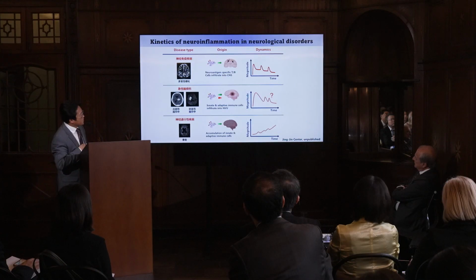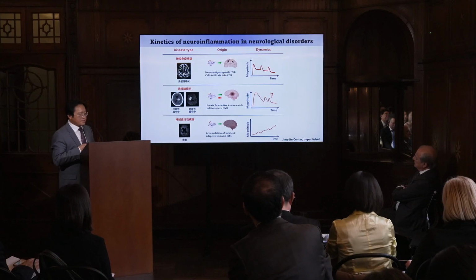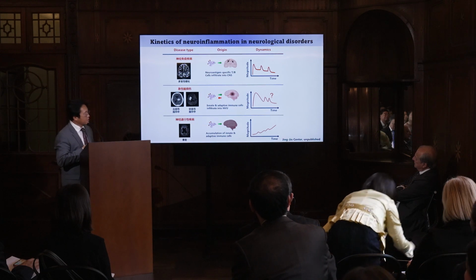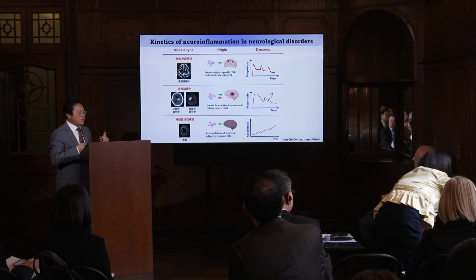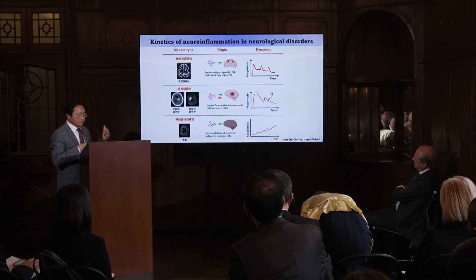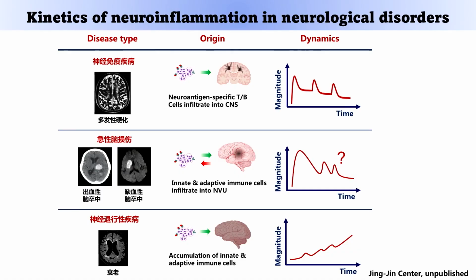On the other hand, in case of a stroke, either ischemic or hemorrhagic, or traumatic brain injury, or in the case of status epilepticus, there is a pronounced inflammation that's caused by the cell death product.